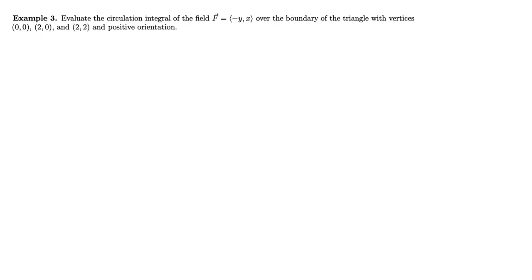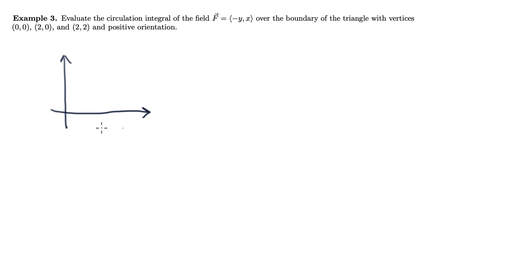All right, so we're going to do a circulation integral. And recall that this really is just a line integral. The closed, simple, positively oriented curve that we're going to be integrating over is this triangle. So let's plot this triangle.